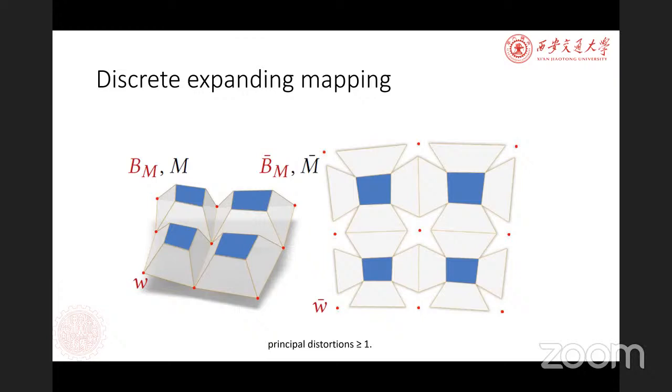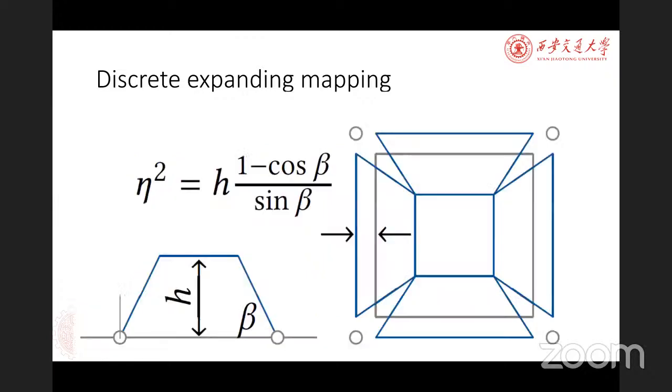And this mapping requires the principal distortion to always be greater than 1. So for a given 3D shape, we map it onto 2D with proper distortion control. And after the distortion has been computed, we can then design the height and the inclining angle of the boxes. Okay, this is the basic idea. And this design can then be used as initial input for further global optimization with the constraint of isometry.